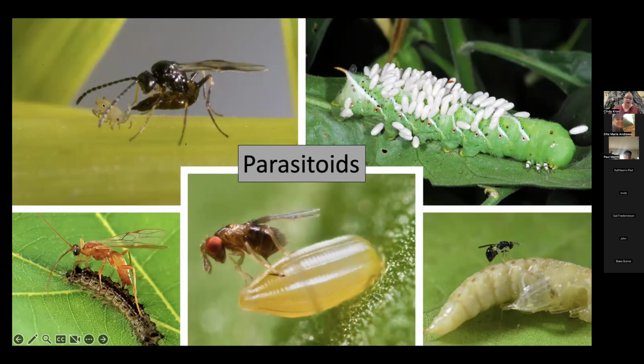That egg will develop and it will kill this aphid and it will emerge and be an adult. And that's just one per one. Now, this is the exception here. Of course, I have the slide here where there's multiple cocoons on one larva. But typically, parasitoids, it's one to one. You lay one egg, that egg kills one insect of different life stages depending on what the species is, and then you have one adult emerge.